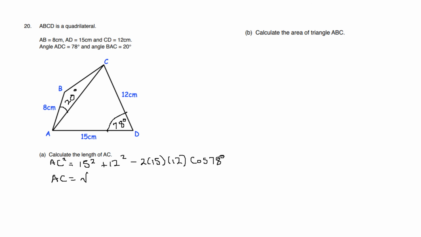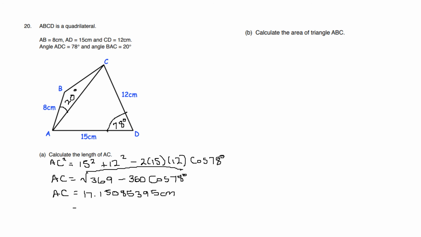So that's going to give me that AC is equal to the square root of 369 minus 360 cos 78 degrees. So AC is going to be 17.15085395 centimetres, and that would be 17.2 centimetres to 3 significant figures.